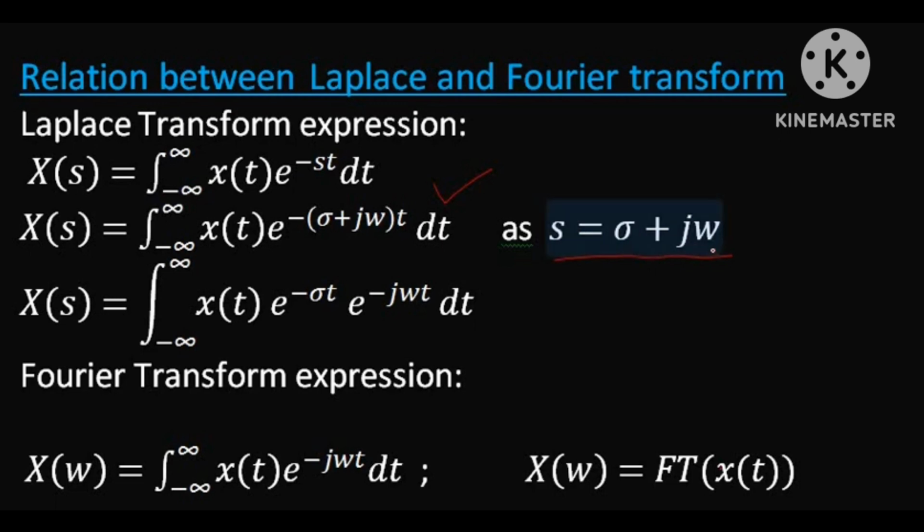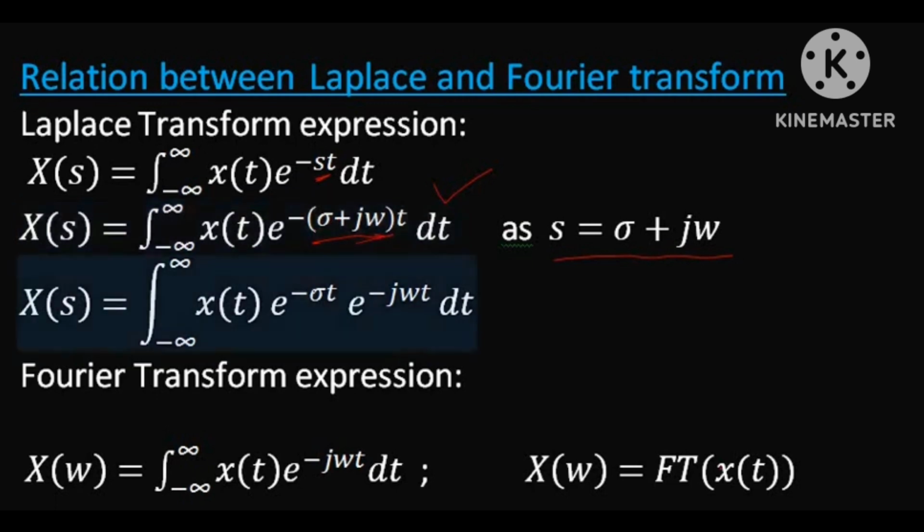Sigma is a damping factor and omega is an angular frequency. So we put the value of s, that is sigma plus j omega, in the expression of Laplace transform.